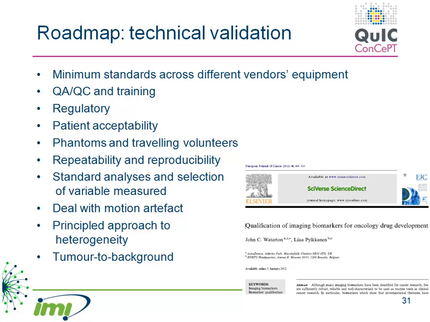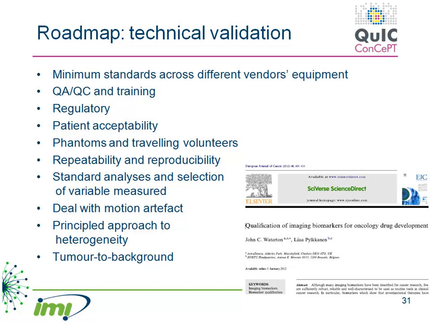We need regulatory and ethical acceptability. We use phantoms. We have volunteers traveling around between scanners to ensure that we get the same data. We look at reproducibility, repeatability. We have some really interesting work to deal with motion artifact and to deal with background uptake of PET tracers in the liver.